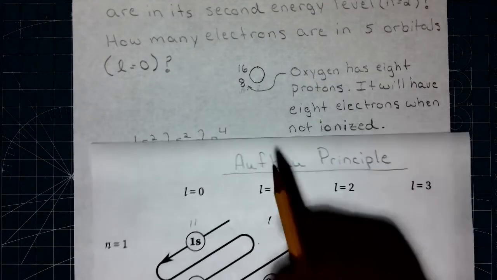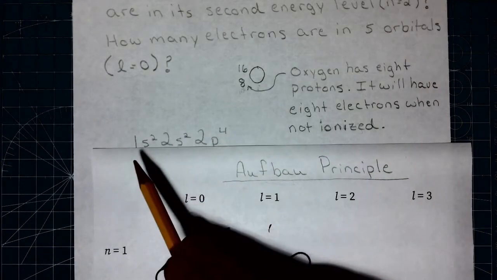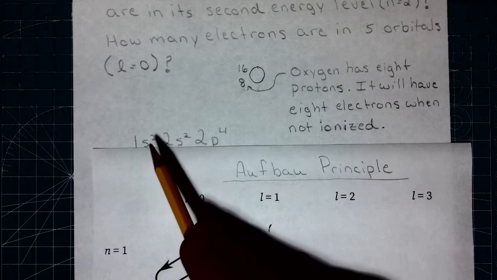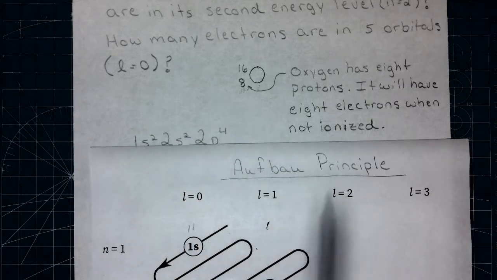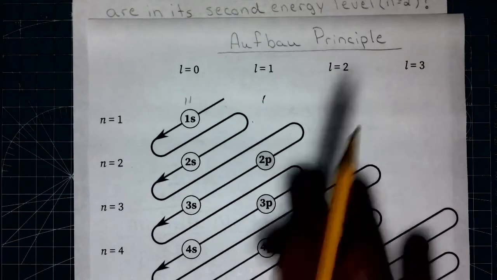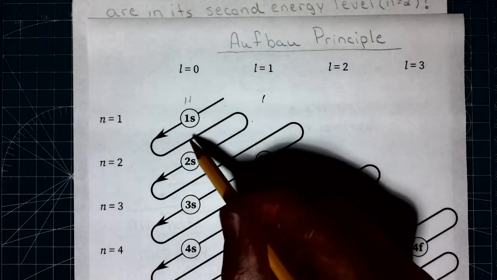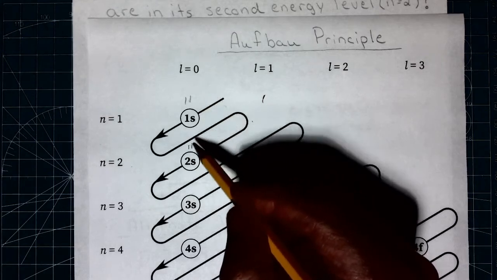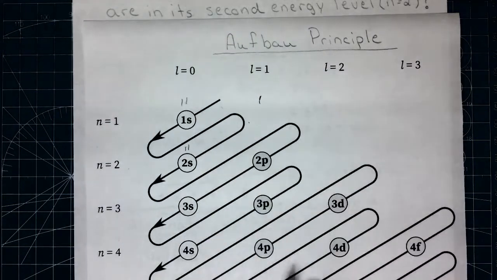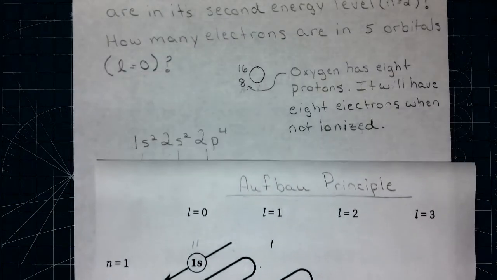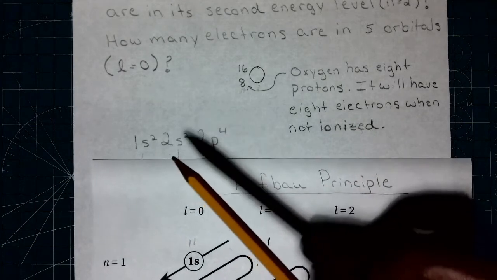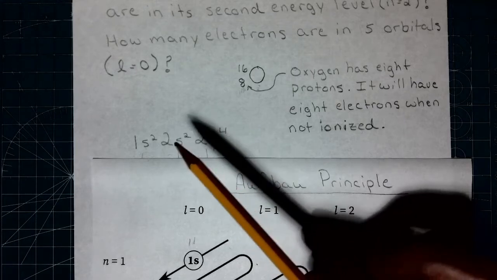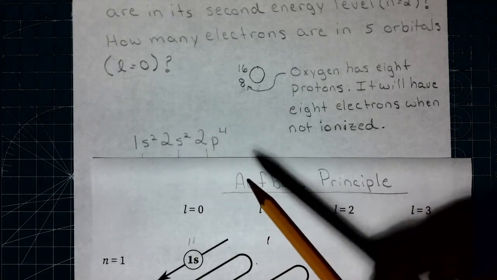And I'm going to write that as 1s with a superscripted 2 to show that there are 2 electrons in that 1s shell. Next, I'll go to 2s. I put 2 electrons in there. I've now filled in 4 of the 8 electrons. And I'm going to write that up here as 2s superscripted 2 to indicate that there are 2 electrons in that 2s shell.